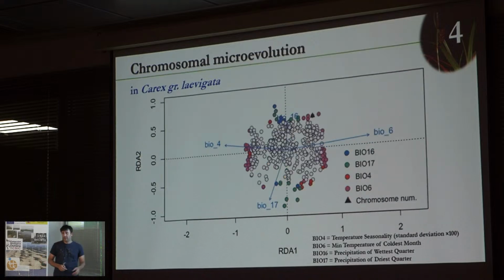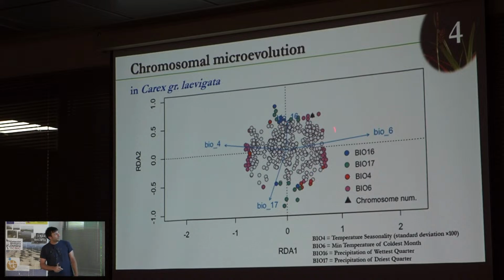So for the RAD-seq dataset, we had around 10,000 loci, but this kind of dataset is typically very gappy, so you have a lot of missing data. So we selected 700 loci that were the most complete across the whole dataset. And we ran this analysis to see if there is a significant association between these loci and the different bioclimatic variables.